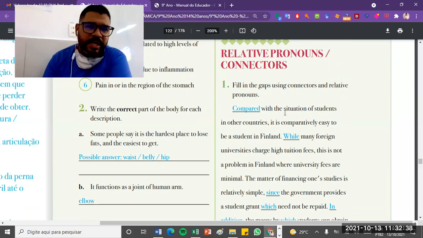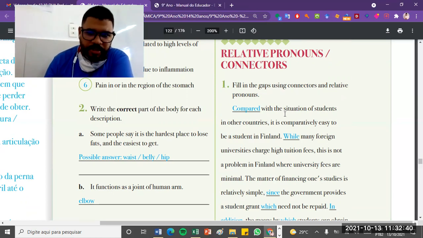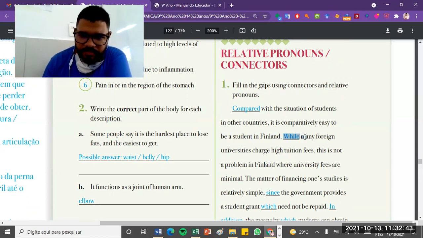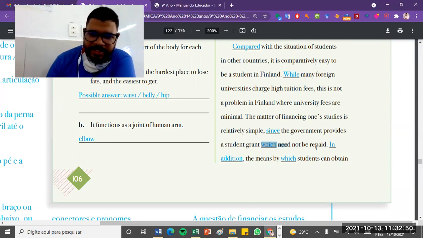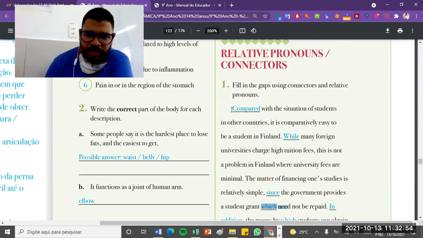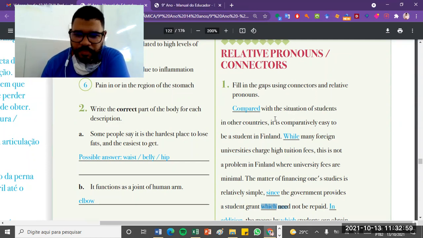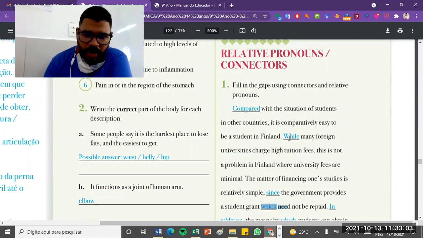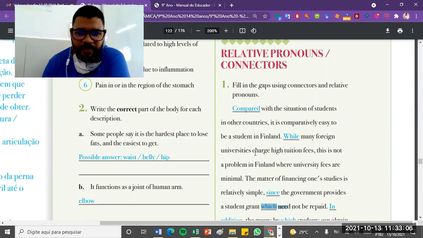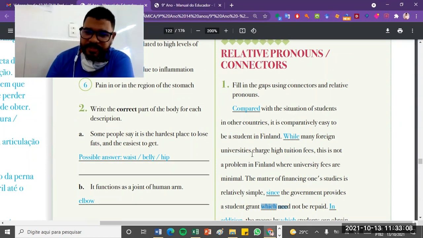Então, outra palavrinha similar com compared would work here. While, meant, foreign, since the government, which need, in addition, the means by which. So, compare it with the situation of students in other countries. It is comparatively easy to be a student in Finland, while many foreign universities charge high tuition fees.